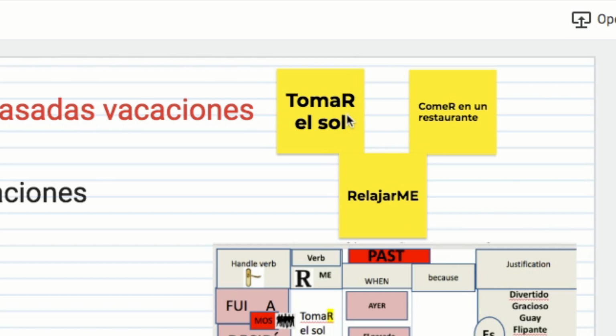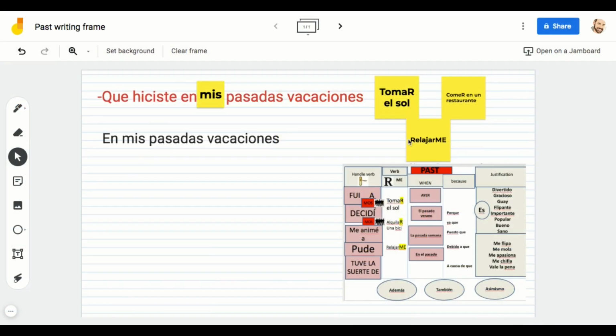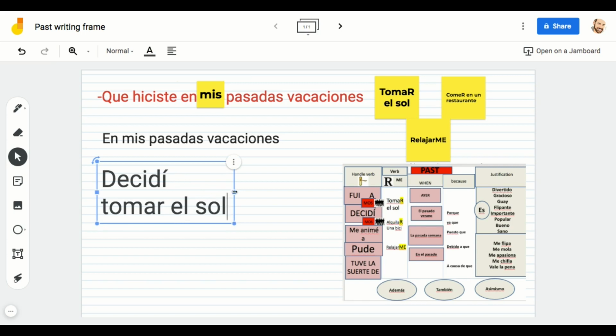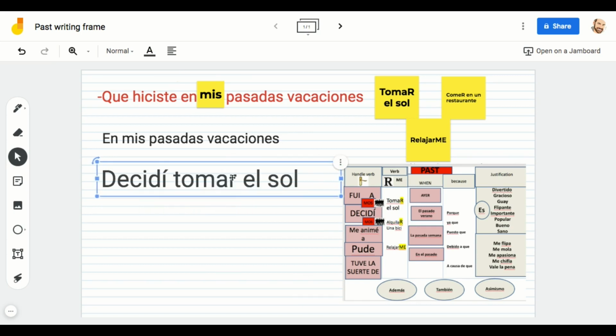As you can see, they end in R, and ME. Now I start using the frame. I'm going to start with, for example, decidí tomar el sol. So I'm going to use the first verb, tomar el sol. And really important, the verb ends in R.